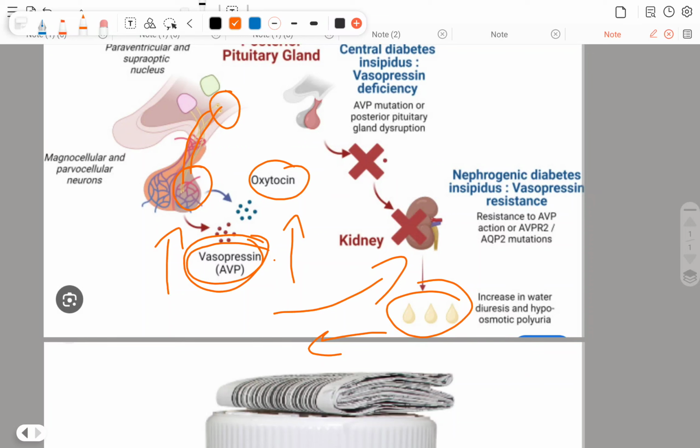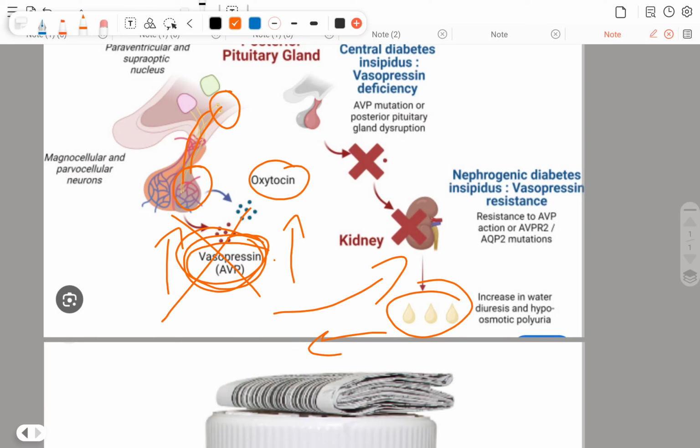In the central, that is the neurogenic diabetes insipidus, the normal amount of vasopressin couldn't be discharged from the posterior part of the hypophysis.